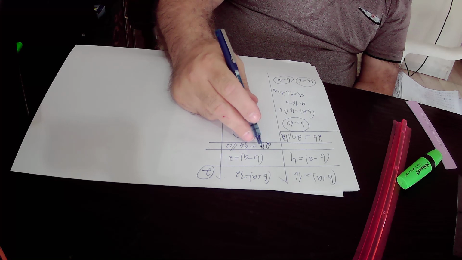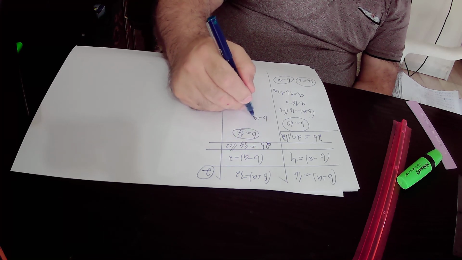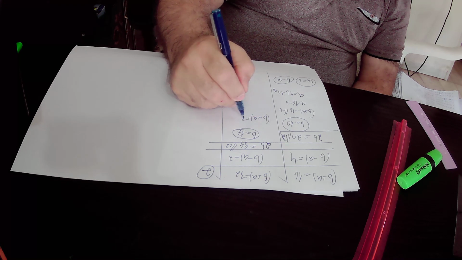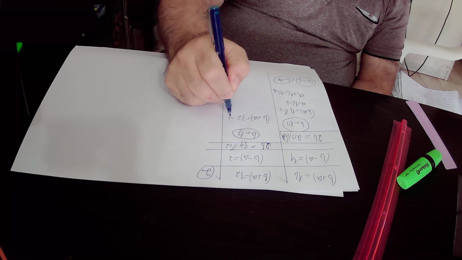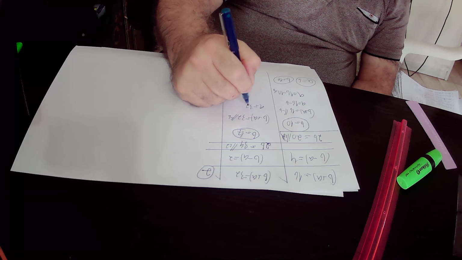And a, according to this equation, b plus a equals 32. We'll subtract b from this equation, and we get that a equals 32 minus b.